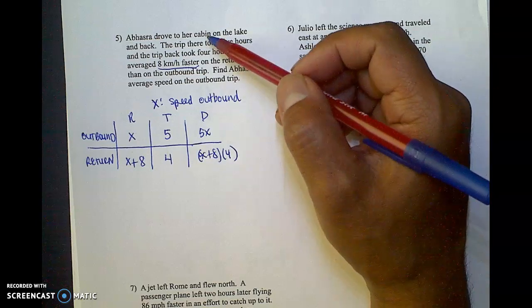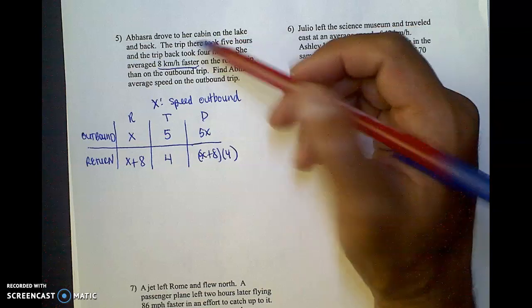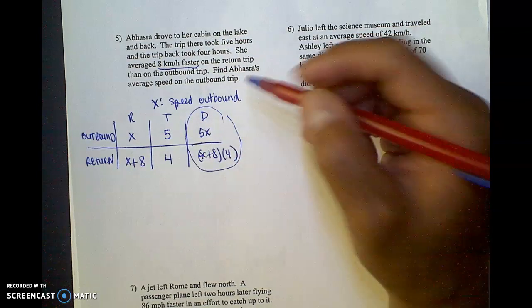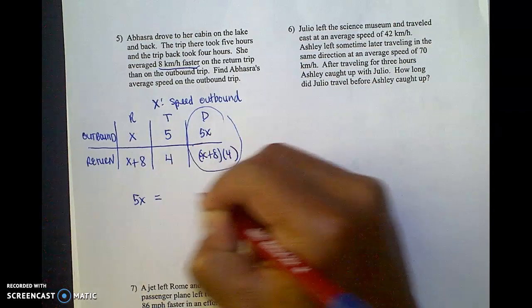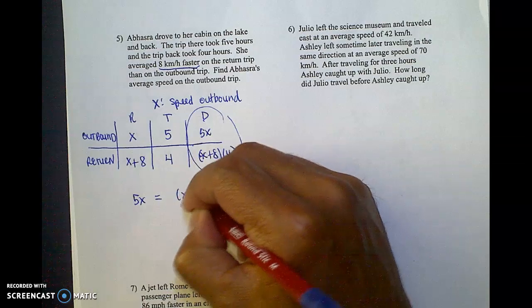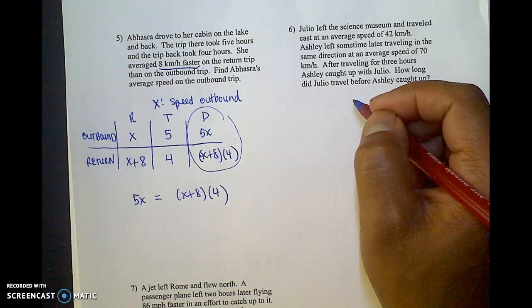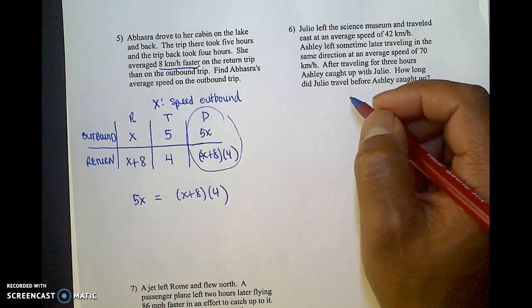Because it's that situation where we are going to a destination and a return trip, when it comes to writing an equation for distance, going there and coming back, the distance traveled is the same. They are equal. Outbound and return trip, same distance.